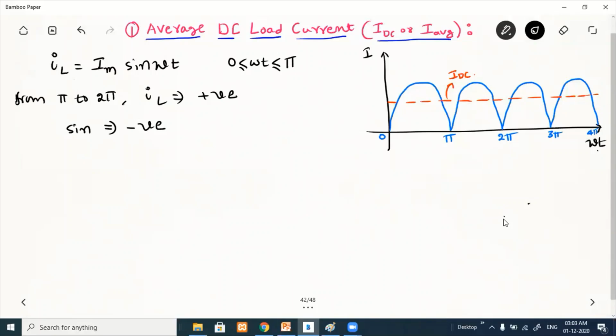Hence, in the region pi to 2 pi, the positive IL can be represented as the negative of Im sin omega t. So, IL equal to minus Im sin omega t, that is pi less than or equal to omega t less than or equal to 2 pi. So during this period, our sinusoidal waveform is negative, but the output is positive. So that positive IL current, we are representing as a negative of Im sin omega t.